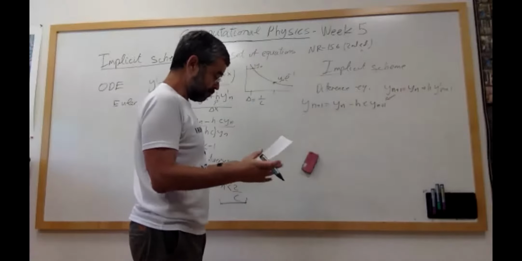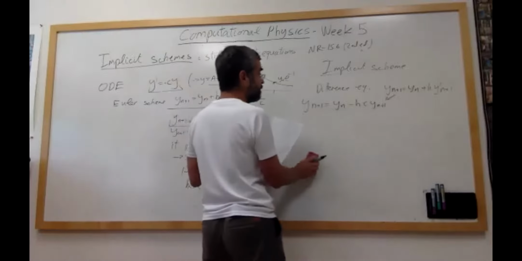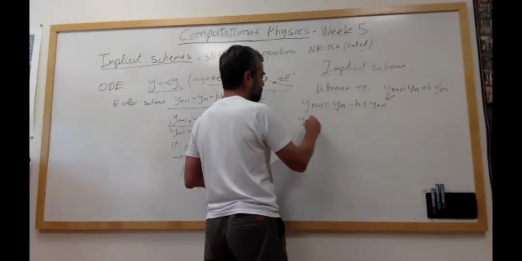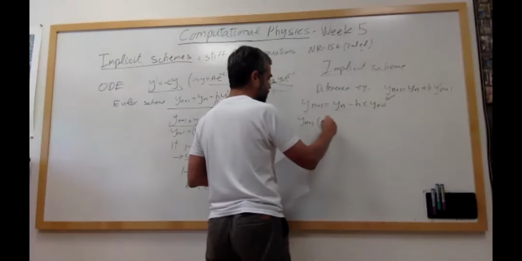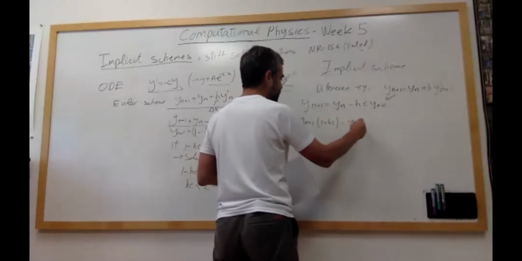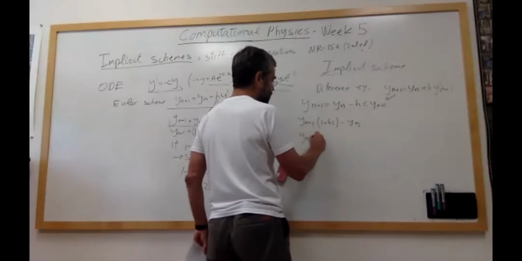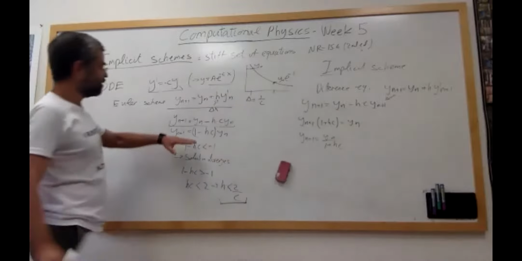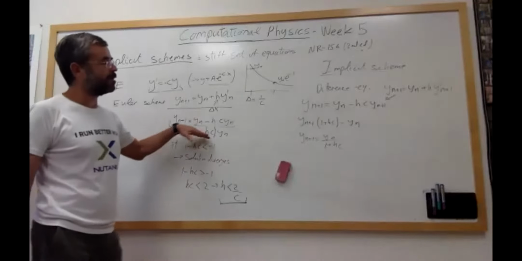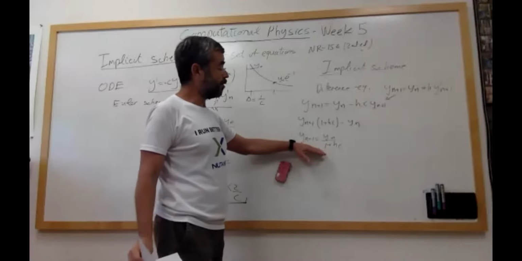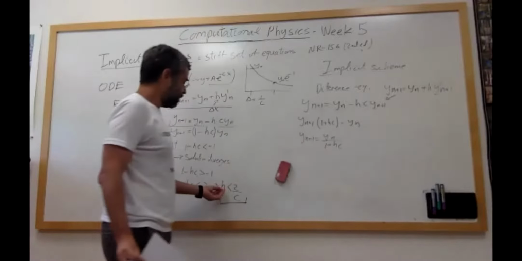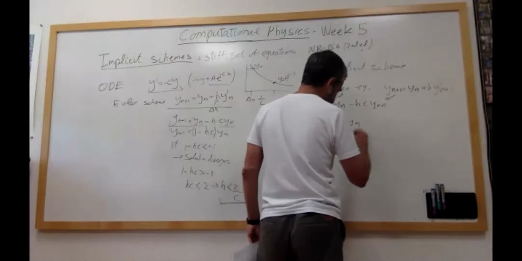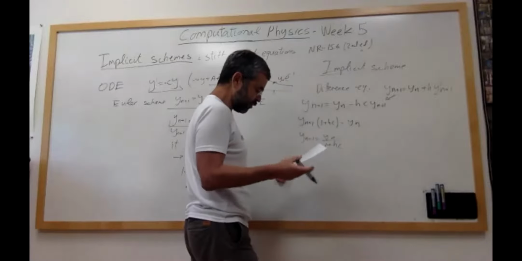And so let's see why it becomes stable. What we get is that yn plus 1 times 1 plus hc is yn, or yn plus 1 is yn over 1 plus hc. So instead of having the previous equation, we have this one. And now you can see that there is no problem with h. The solution would always converge.